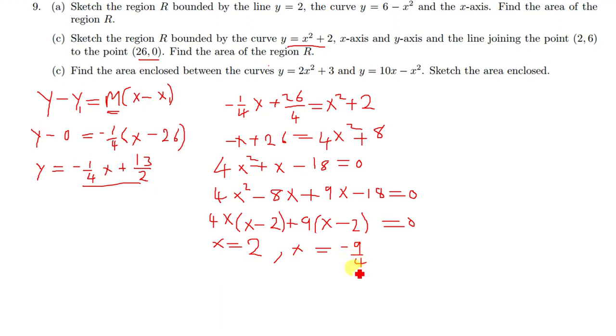So these two values of x that we found are the points where the curve is meeting this line here. These are the limits. After finding these 2 points, we can now go on to find the x-intercept and the y-intercept.